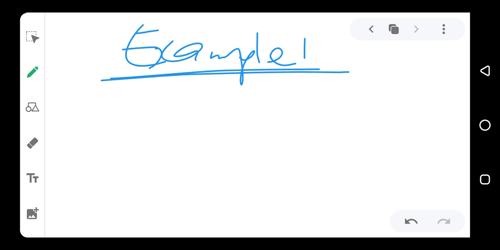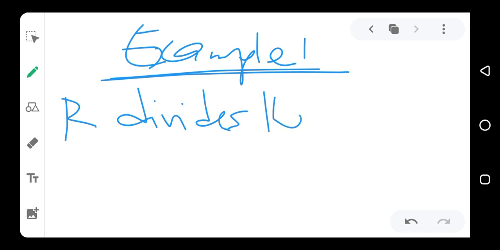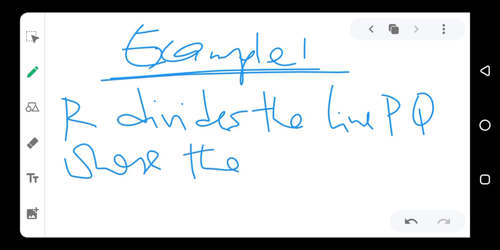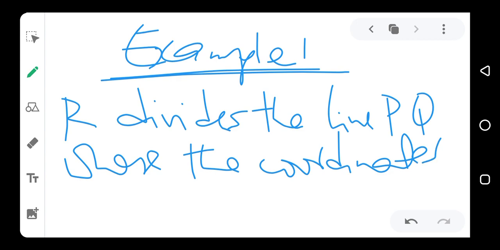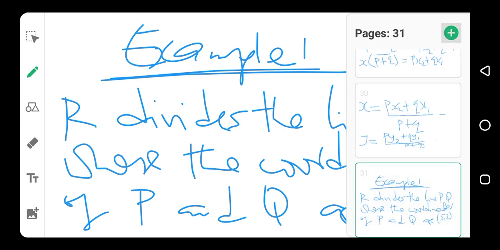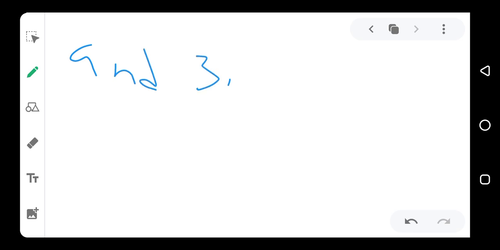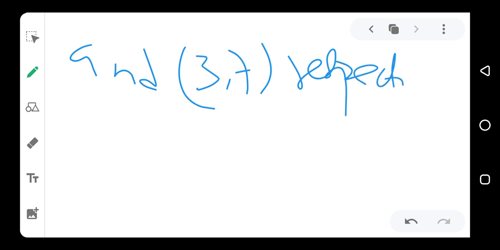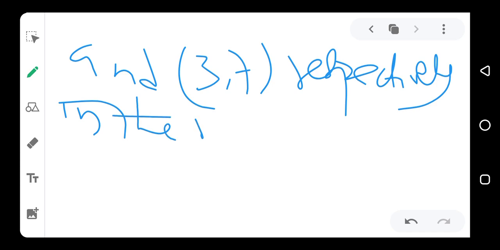Now let's say the question says R divides a line PQ, where the coordinates of P and Q are 5, 2 and 3, 7 respectively, in the ratio 4 is to 3.